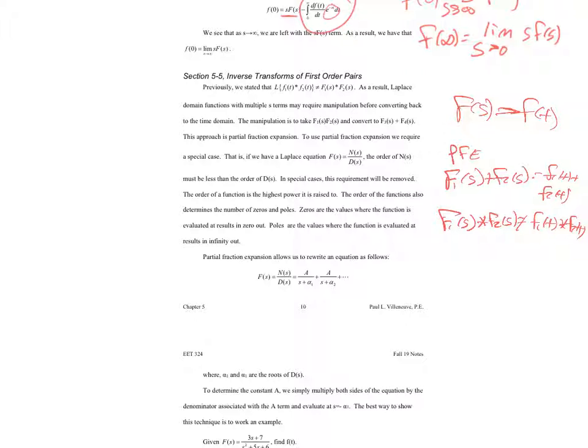Multiplication in the time domain is not the same as multiplication in the Laplace domain, so we can't do that. But by adding functions together, we can absolutely do that, and that works perfectly fine.